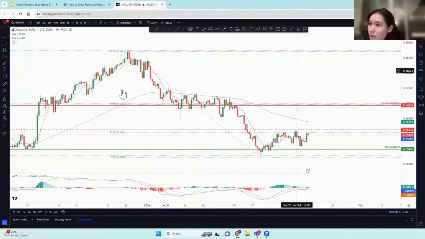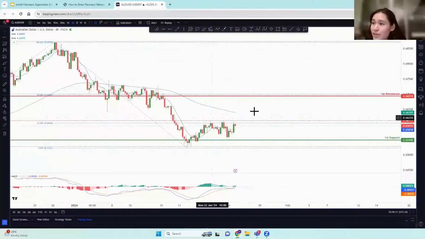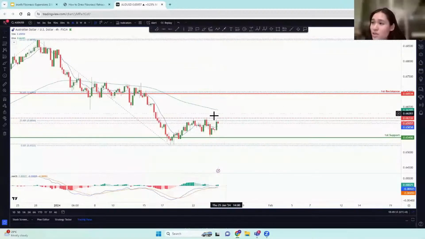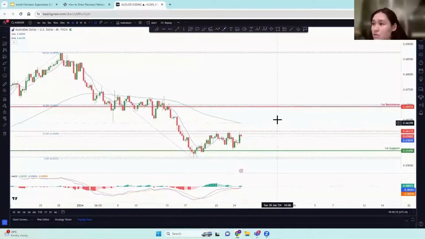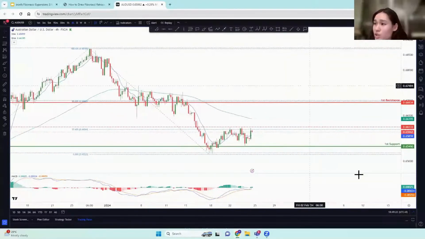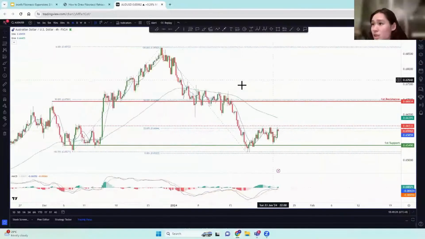You can see that price crossed over here when price started to make a downtrend. But now that it's making an uptrend, we might see this crossover. When the EMA and SMA cross over, it is a signal that the trend will change, so we might see that soon.